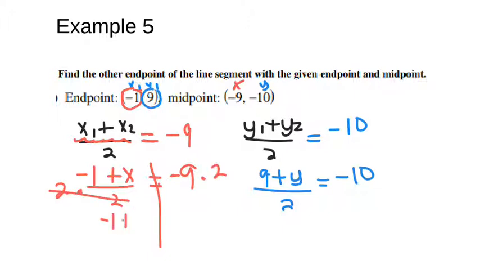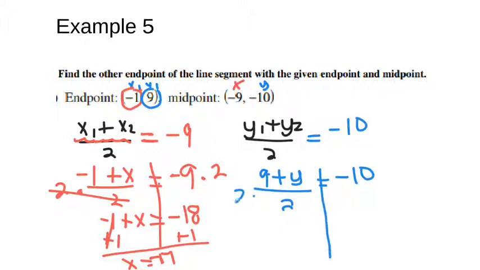So you'll have -1 plus x equals -18, and then add 1. So x would be -17. Over here you would times by 2 and get 9 plus y equals -20, and then subtract 9.